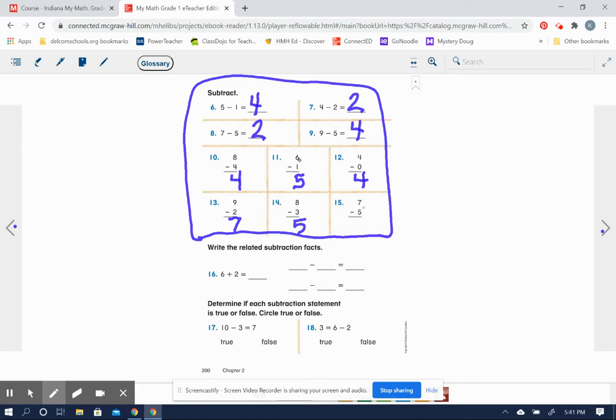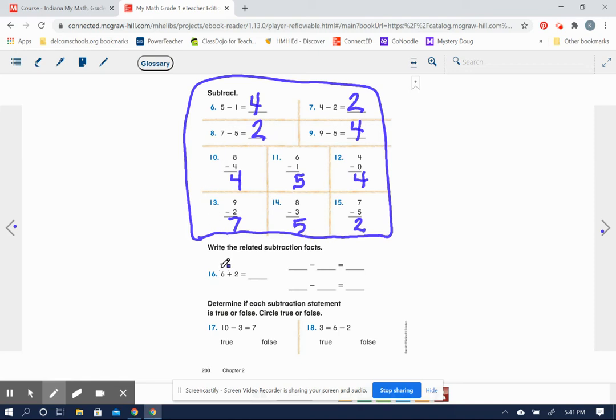And 7 minus 5 equals 2. Okay, let me take a quick peek at those, make sure that I didn't make any mistakes. Looking good. Okay. So now down here at the bottom, we need to write the related subtraction fact.